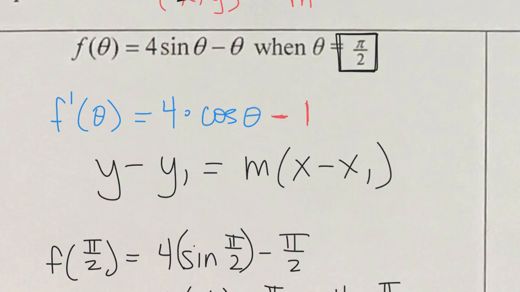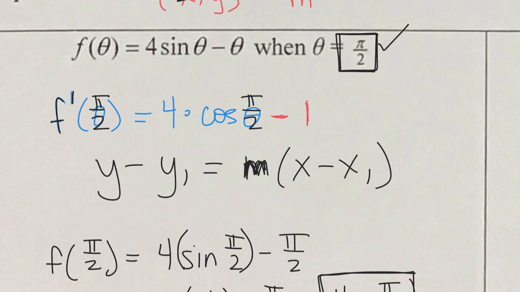Okay, and then the other thing we need, so we have the x value, right? That was pi over 2. We have the y value at 4 minus pi over 2. And now we have to find the slope. And the slope comes from your derivative. So let's plug in pi over 2 into this formula. Okay?